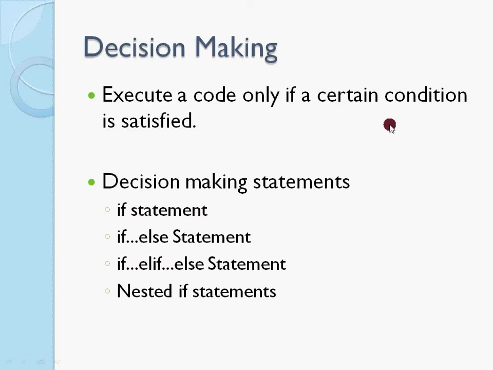If the condition is not satisfied, some other part of the code is executed, and the flow goes like this. Decision making statements are achieved with the help of if statements. There are many flavors of if: a normal if statement, if else statement, if else if statements, and nested if statements.